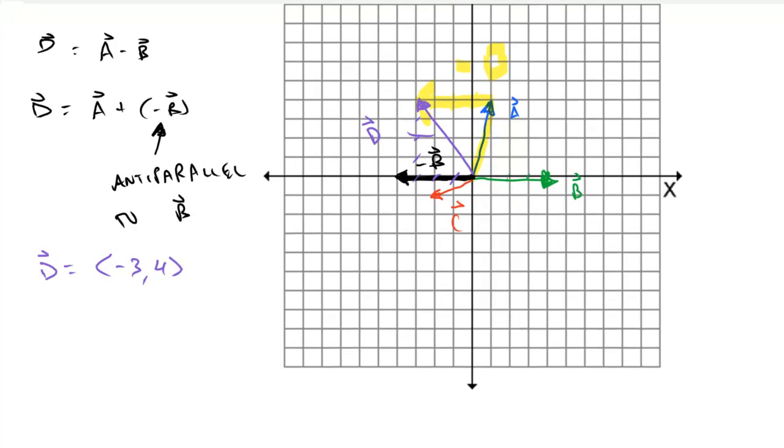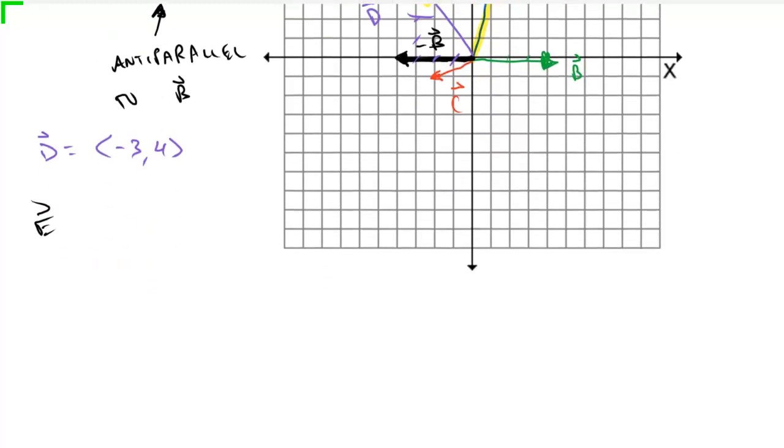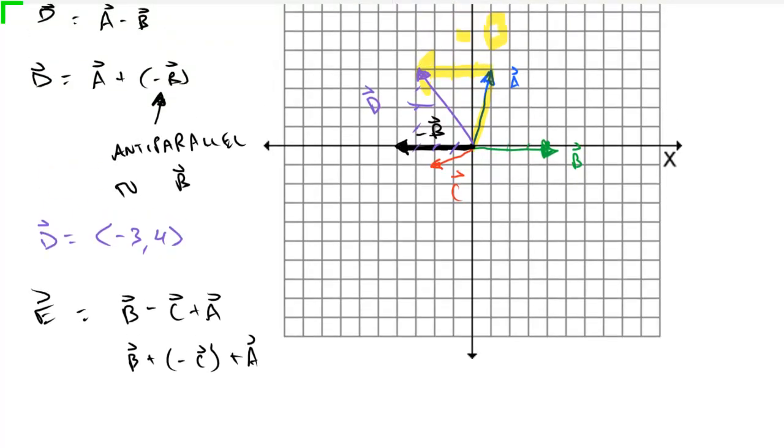So for instance, let's say we have another vector. I'll call this vector E. Let's say vector E is going to be equal to vector B minus vector C plus vector A. So this is vector B plus negative vector C plus vector A. So I'm just going to draw all these down here.